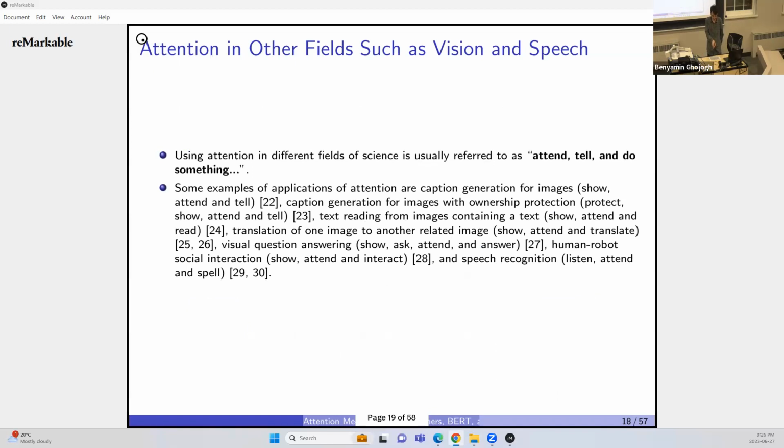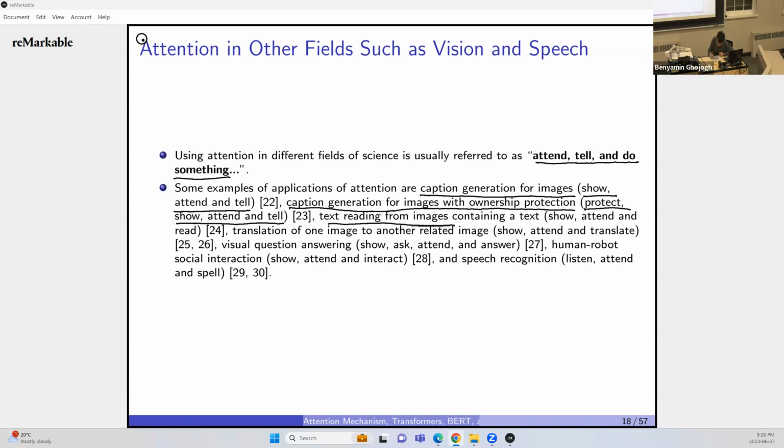Attention in other fields such as vision is also reflected in the titles of their papers: attend, tell, and do something. For example, for caption generation of images, it's called Show, Attend, and Tell. See the references, you will see. Caption generation for images with ownership protection: Protect, Show, Attend, and Tell.